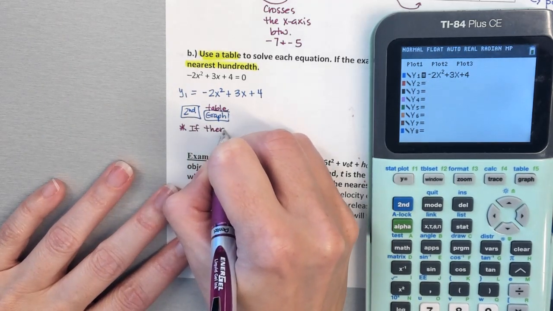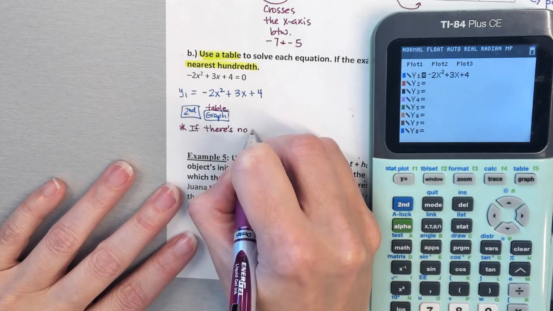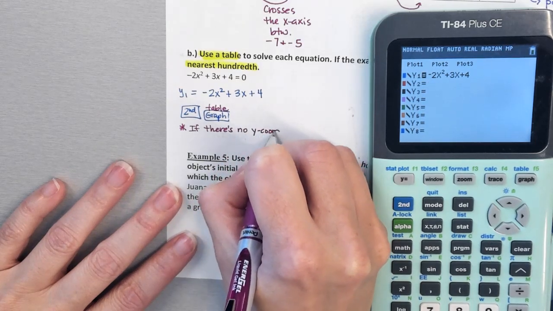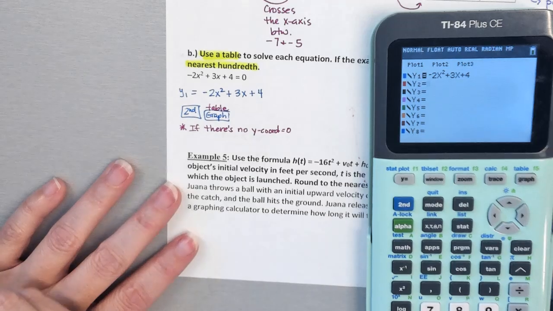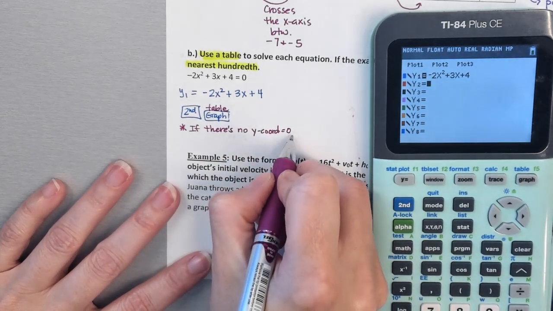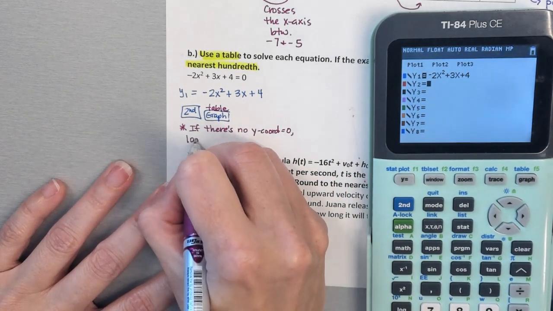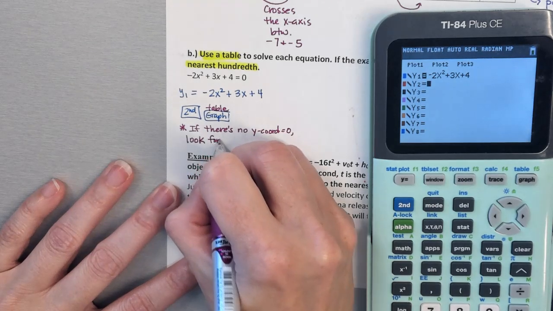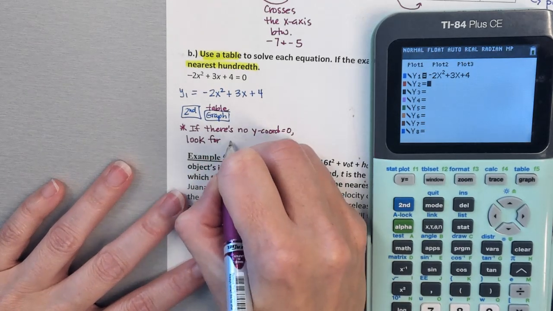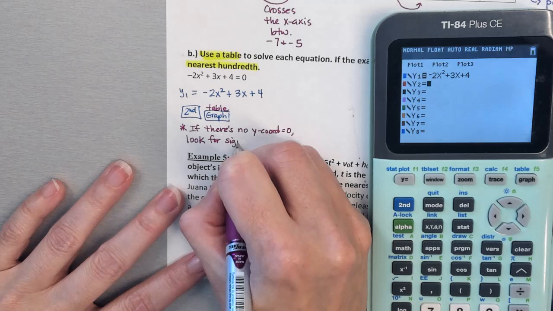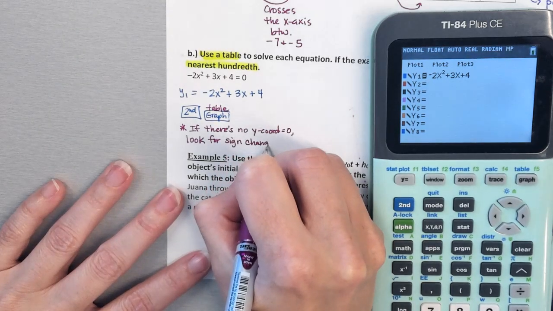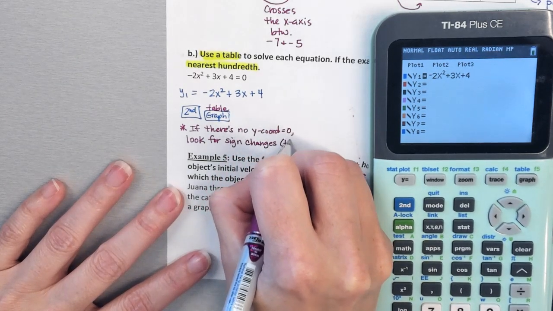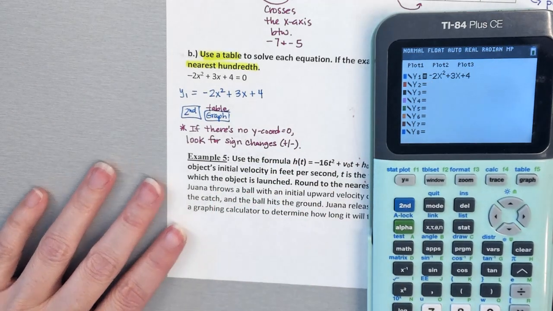If there's no y-coordinate equal to 0, we're going to do what we did above, and we're going to look for the sign change. The sign changes, because there's likely going to be more than one, from a plus to a minus.